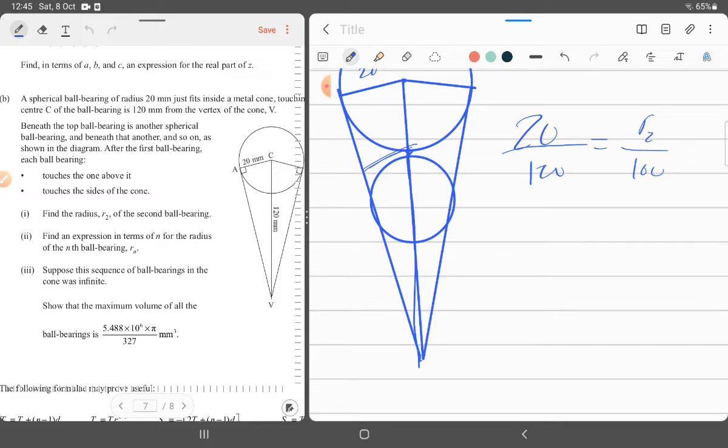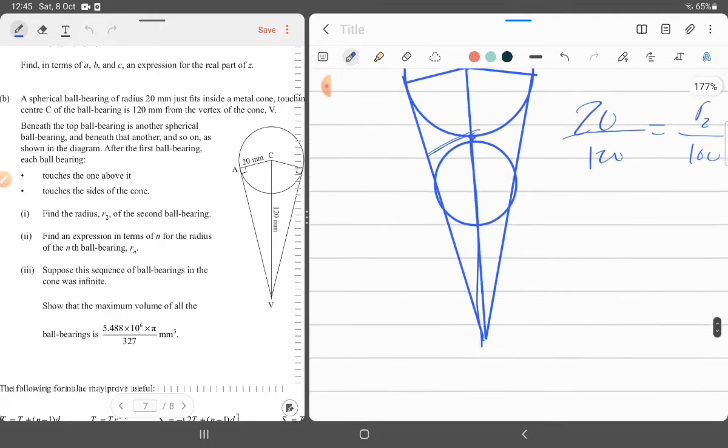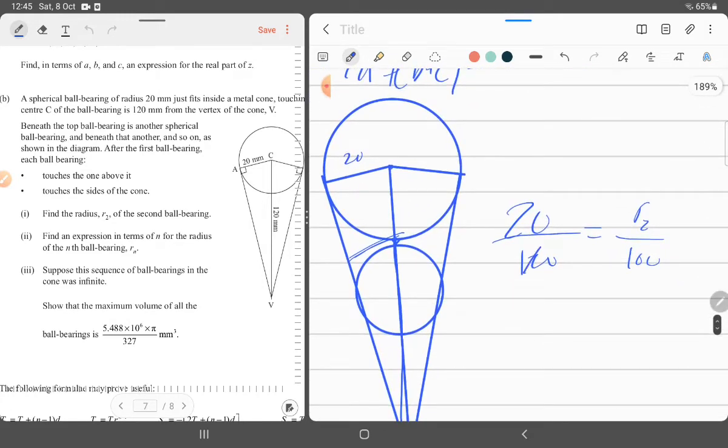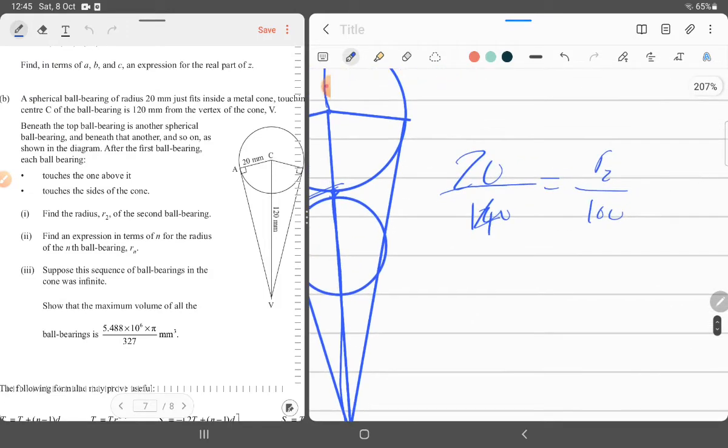Oh, actually no. Oh no. This is 140. We want to extend this to here. These are not similar triangles. We need to extend it to here to create a similar triangle. Yeah, and then we rearrange that, which gives us 100 over 7.